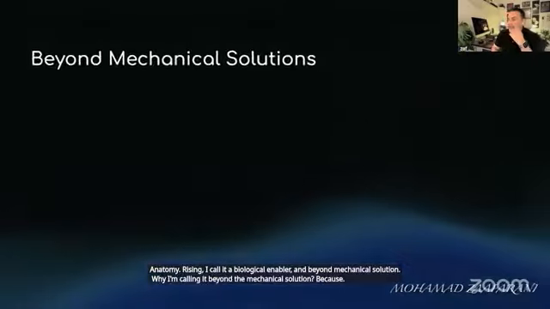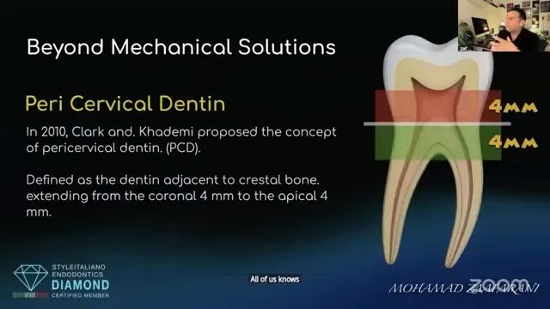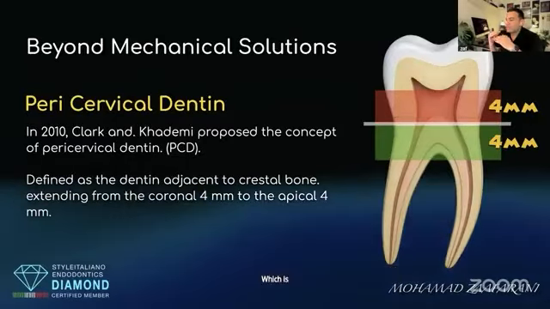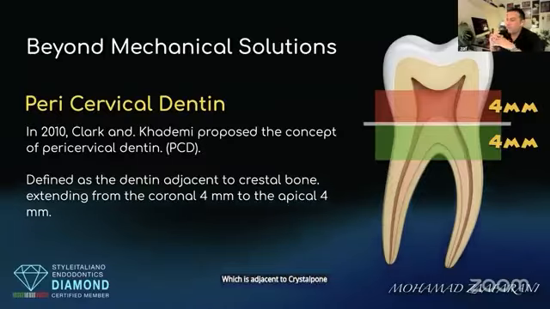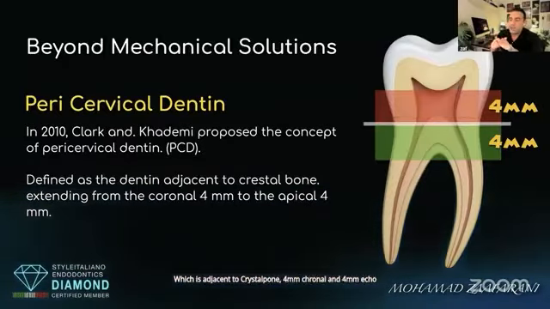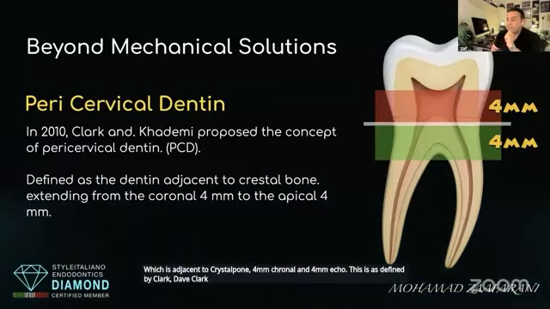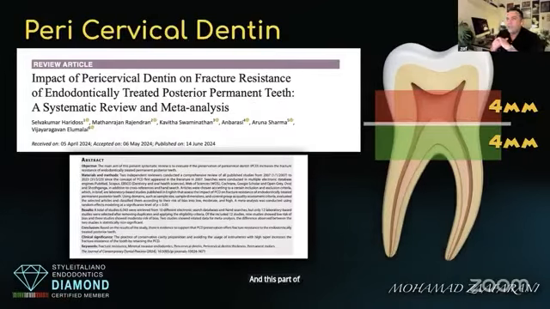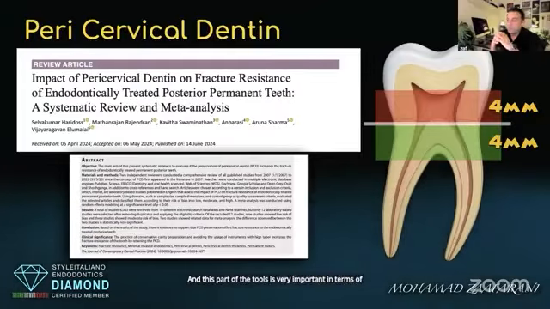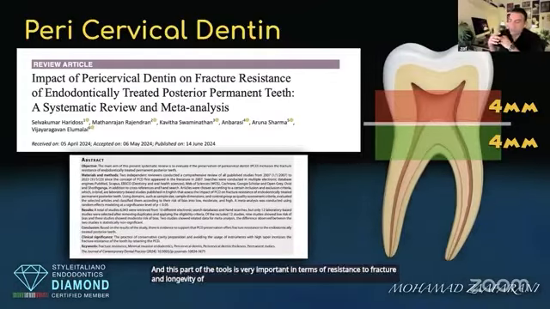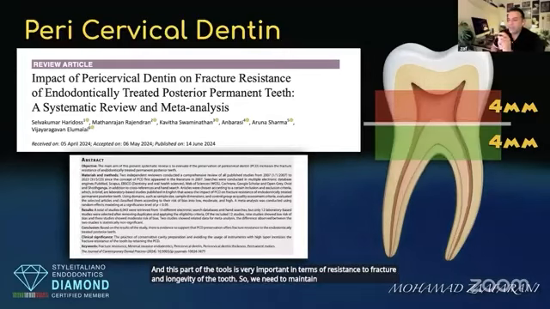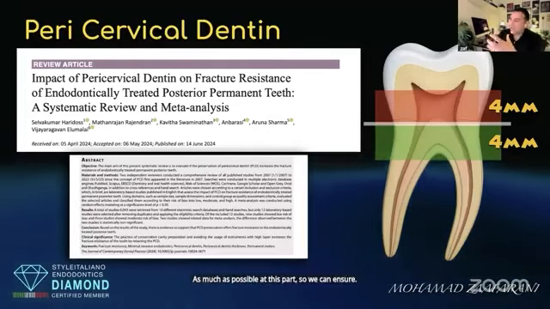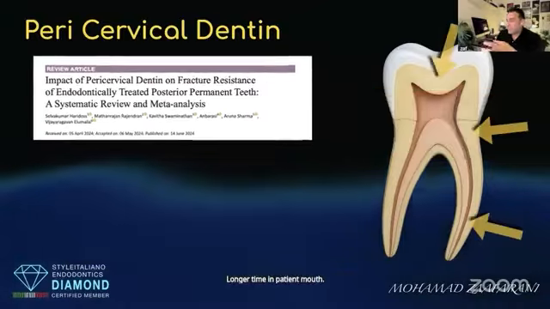Because all of us know the pericervical dentin. The pericervical dentin is the part of the tooth structure adjacent to the crestal bone, 4 millimeters coronal and 4 millimeters apical, as defined by David Clark and Khademi in 2010. This part of the tooth is very important in terms of resistance to fracture and longevity of the tooth. So we need to keep the tooth thick as much as possible at this part to ensure a longer time in the patient's mouth.